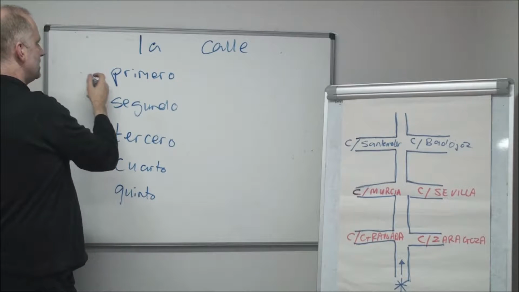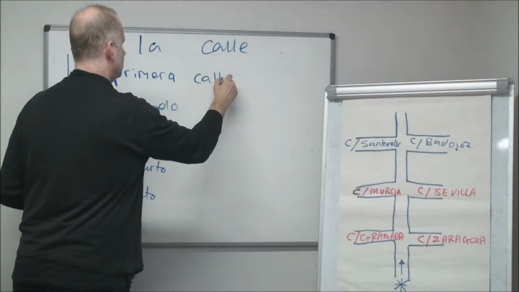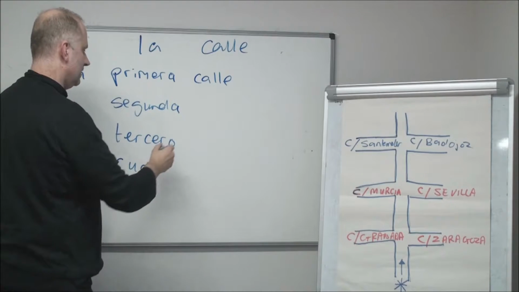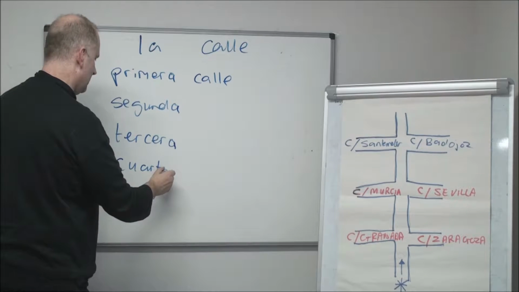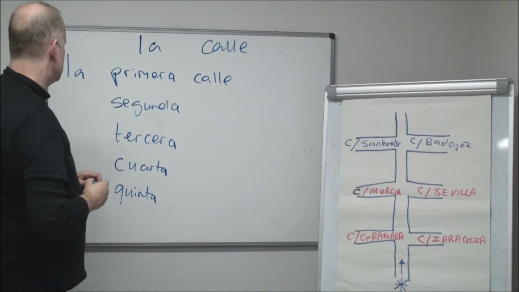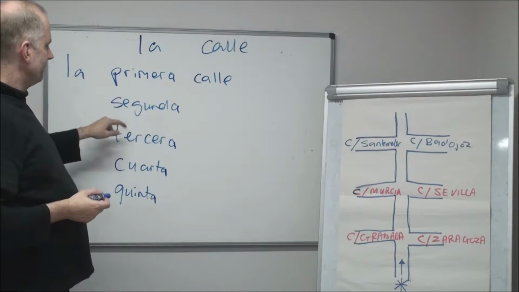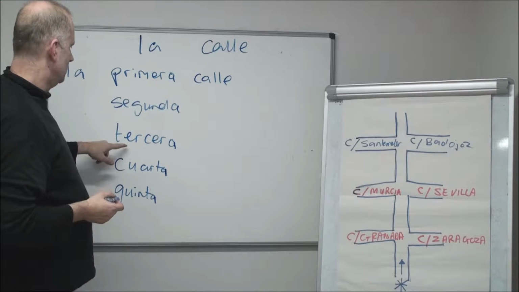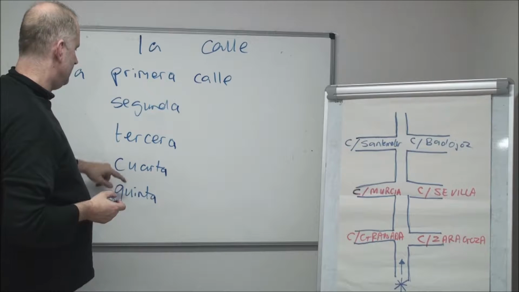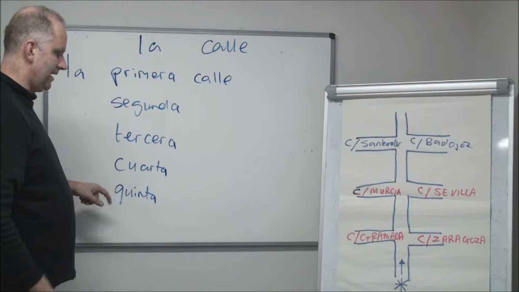So la primera calle, la segunda calle, la tercera calle, la cuarta calle, la quinta calle. So let's just have a practice. La primera calle, la segunda calle, la tercera calle, la cuarta calle, la quinta calle.